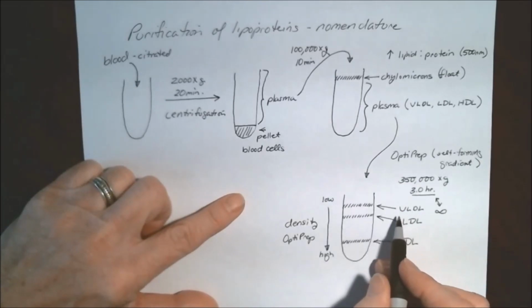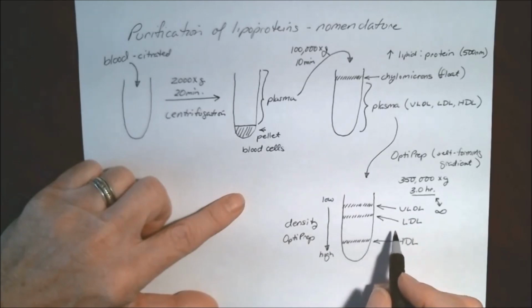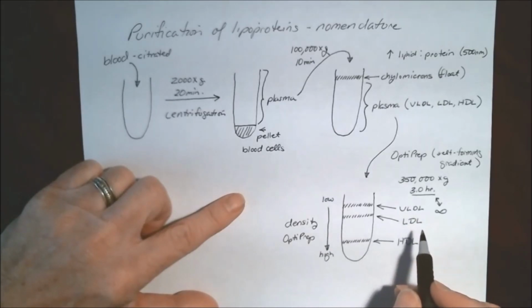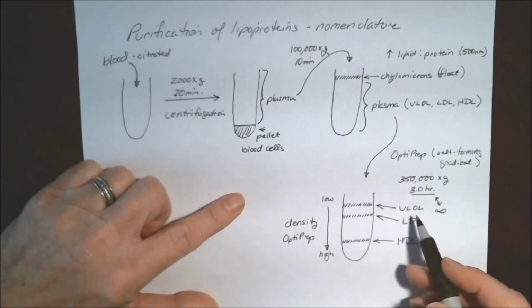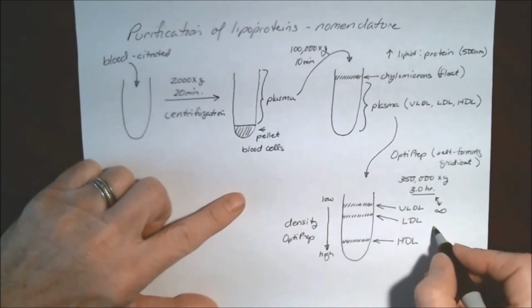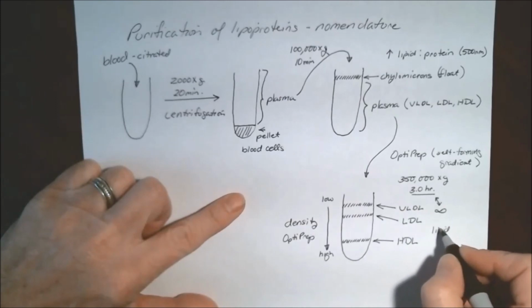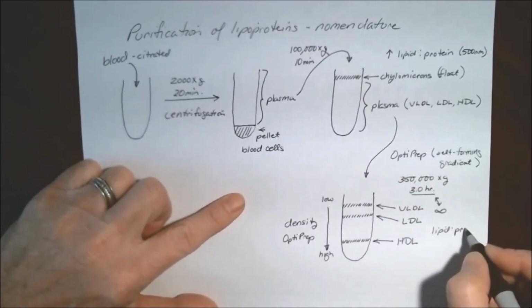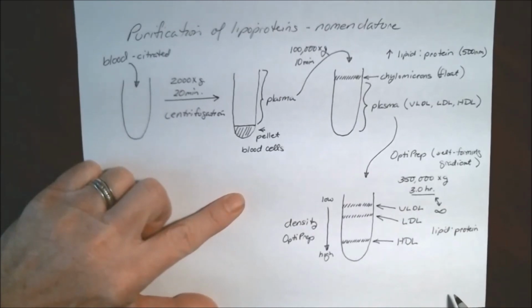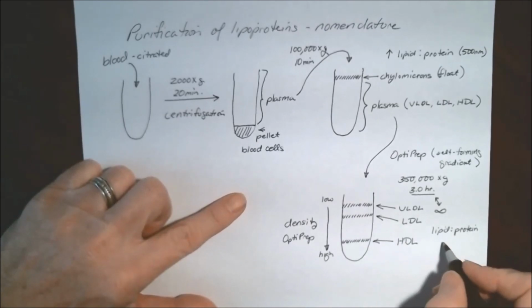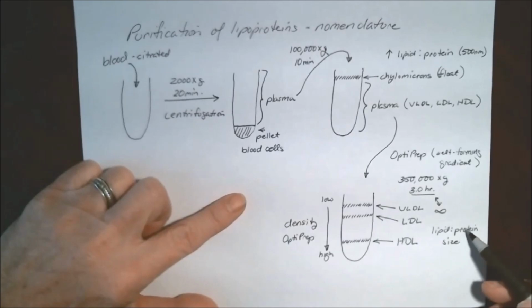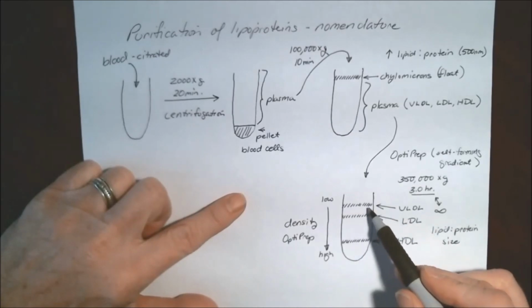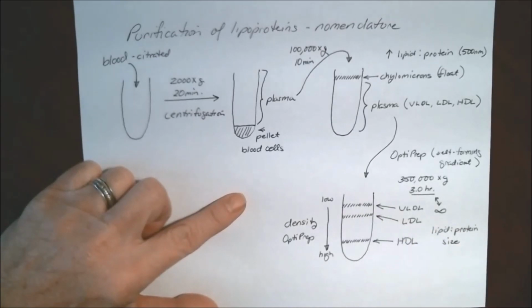So this is how our densities are determined, and this is how the names of these lipoproteins were assigned based on the densities. And the densities are primarily determined by the lipid to protein ratio and also the size of the particle. Between these two they will determine the migration position of each one of these particles.